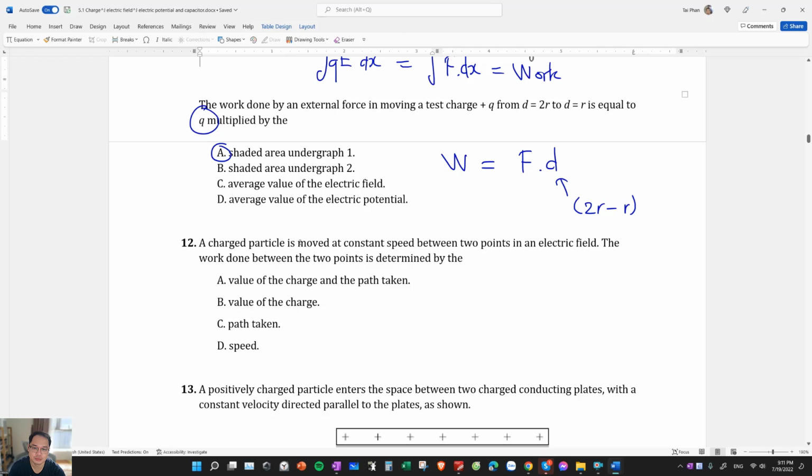A charged particle is moved at constant speed between two points in an electric field. The work done between the two points is determined by: the speed, the value of the charge, and the path taken. Okay.